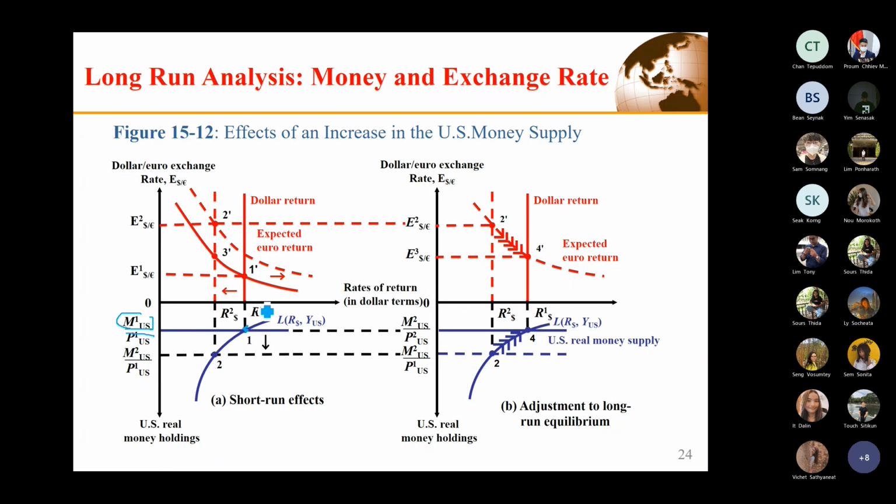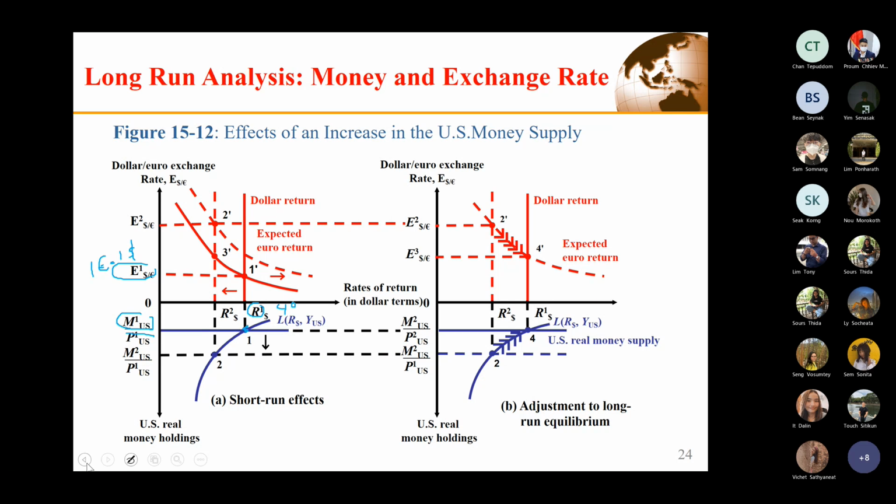In the foreign exchange market, the exchange rate is E1. Maybe one euro is $1, and the interest rate is 4%. The money supply may be enough to buy 2,000 units of goods, and people are also demanding to buy 2,000 units. So everything is in equilibrium.